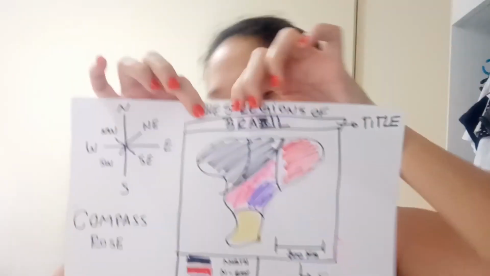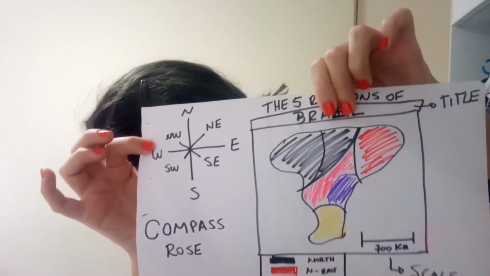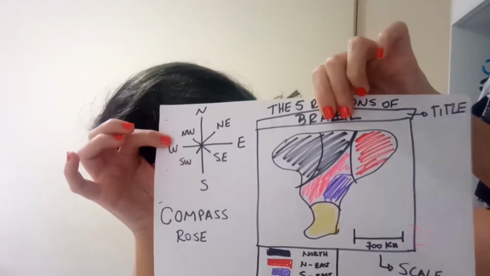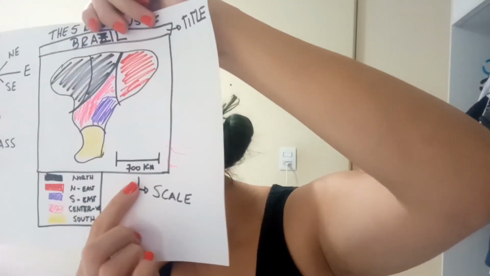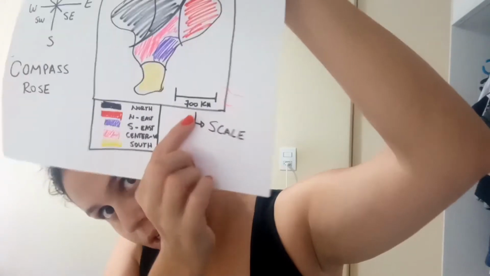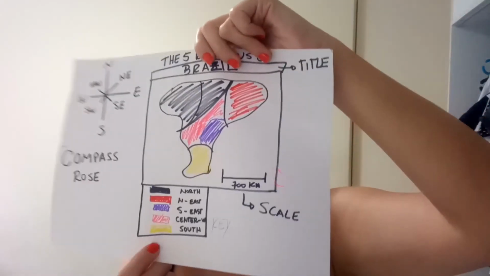So, the title tells you what the map is showing. The compass rose helps us orient ourselves on the map. The scale shows the relation between the distances in the map and on the ground. And the key explains the symbols on the map.